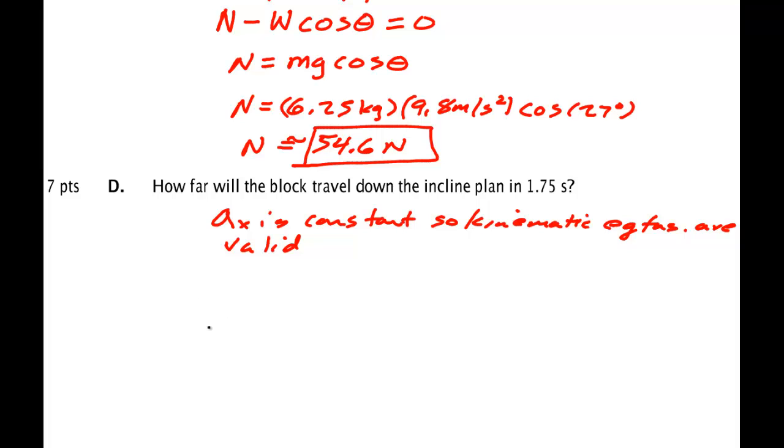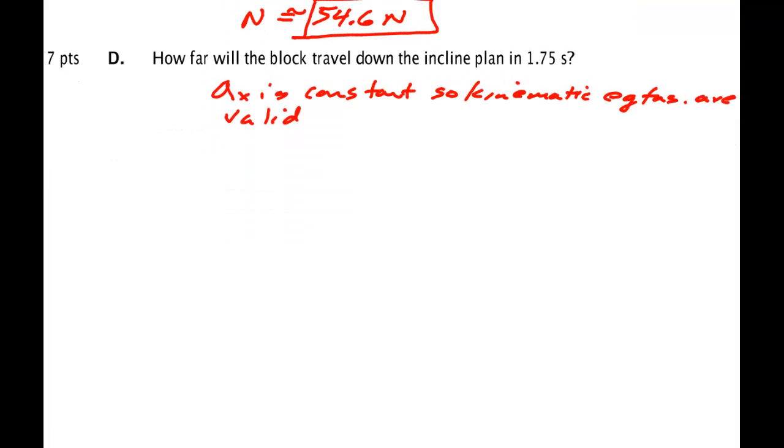Alright, so we're looking here for an equation, and I've got time, so this one turns out to be relatively easy. x is x naught plus vx naught t plus 1/2 ax t squared.